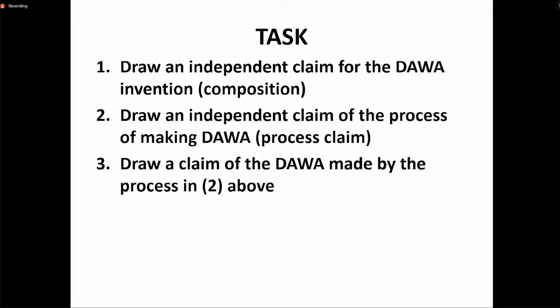What is a claim? What are the rules that you should observe? You were told this afternoon by David. It must be a single sentence.